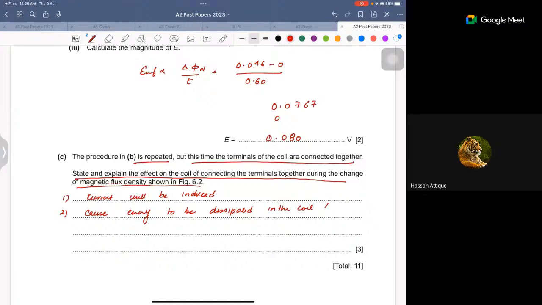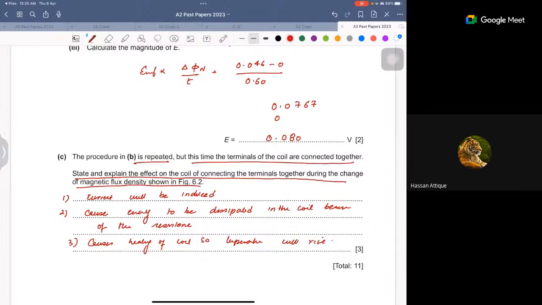And that's because of the resistance. All right. And the third point I would write is that this energy causes heating of the coil, so the temperature will rise. So I think I should write this. Is it clear, everyone? Please check your answer.